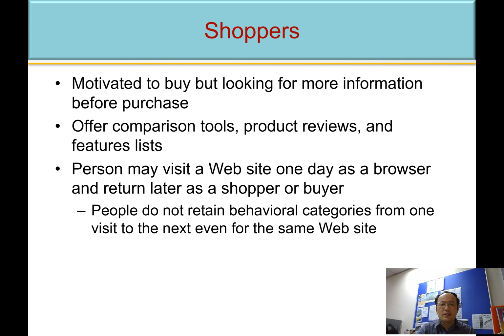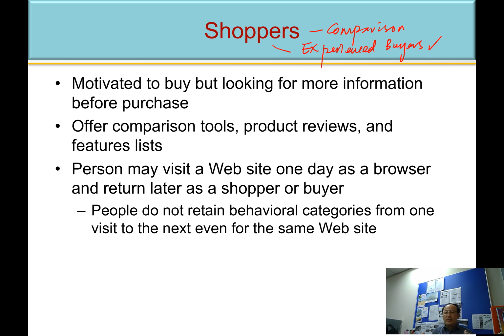Shoppers are motivated to buy but looking for more information as well. They're going to buy, but at the same time they want to compare. So shoppers always make comparisons. Why? Because shoppers are experienced buyers.